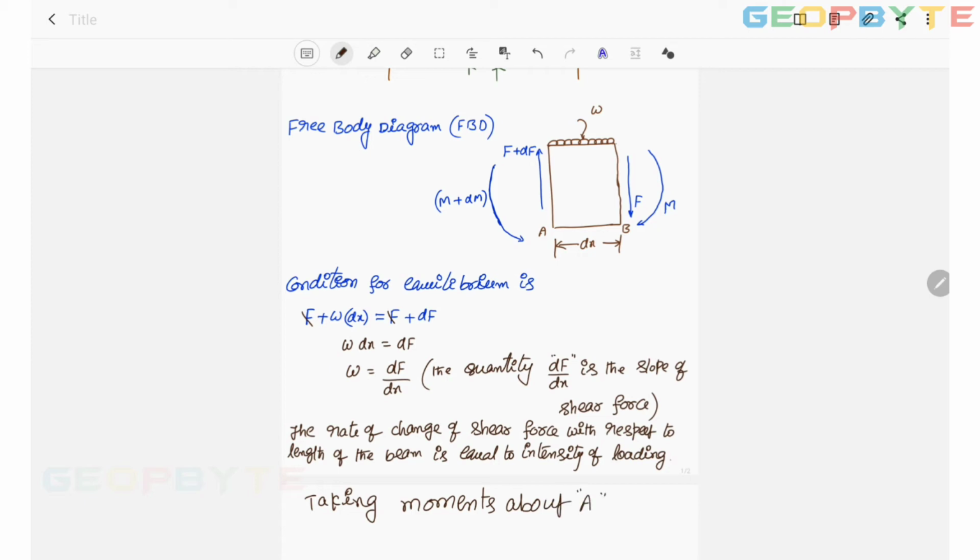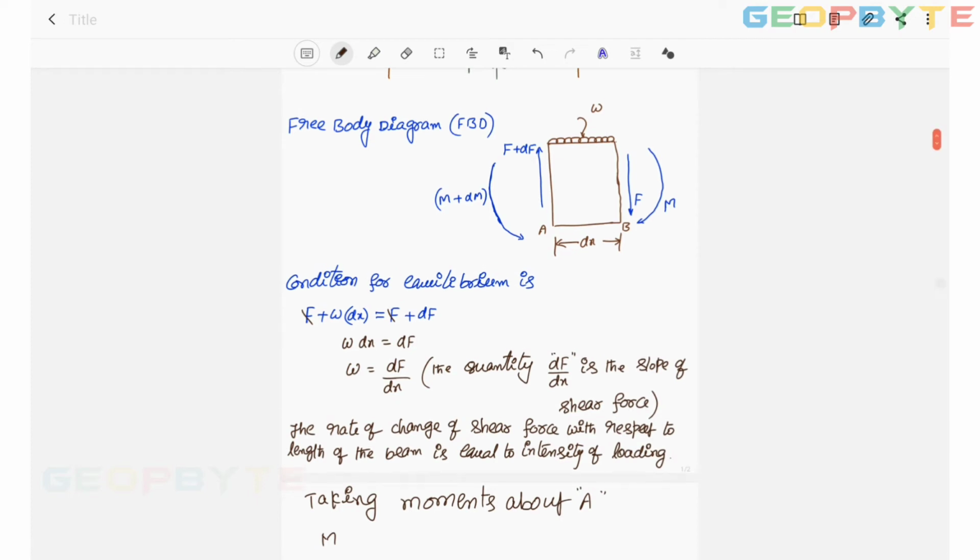With respect to A, M is acting in the clockwise direction. Here the sum of the clockwise moments must be equal to the anti-clockwise moment. Bending moment M is acting in the clockwise direction.